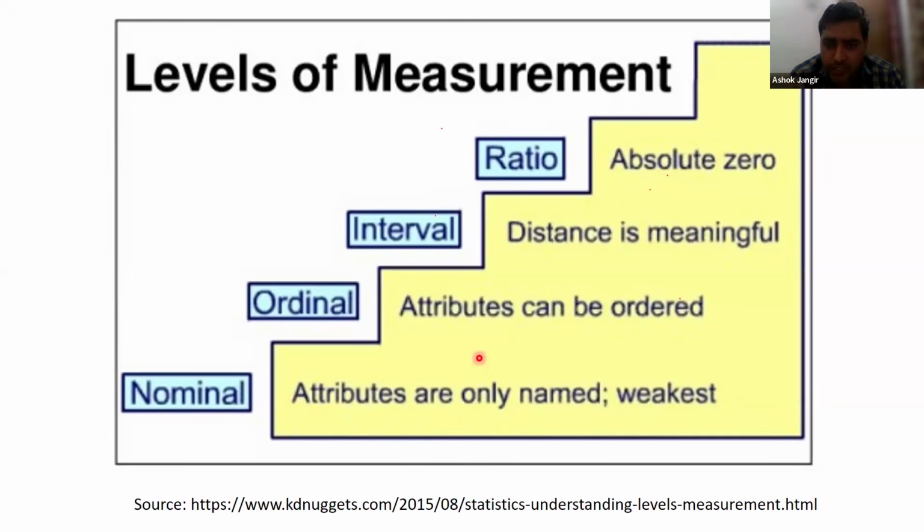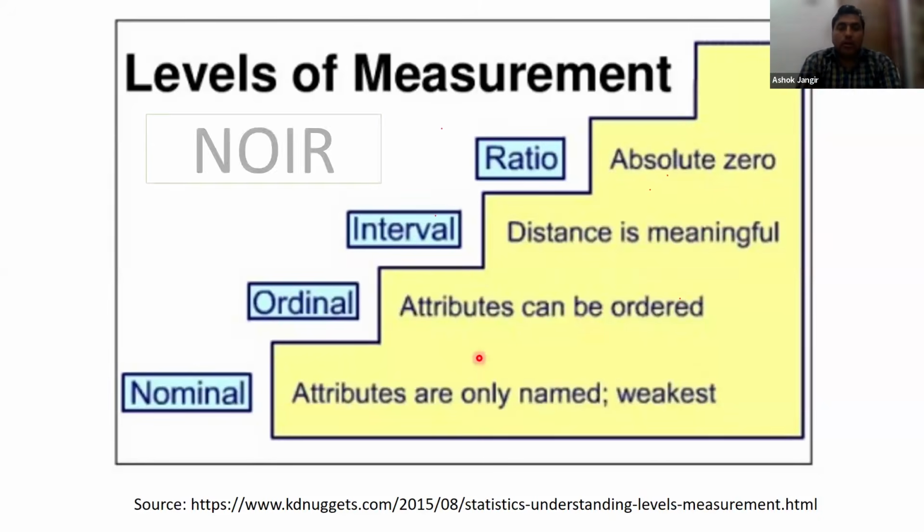Everything is destroyed. That is the meaning of absolute zero. 0 kg means there is no weight. 0 height, 0 heart rate, 0 BP. So this is the difference between ratio and interval. You have to remember this.